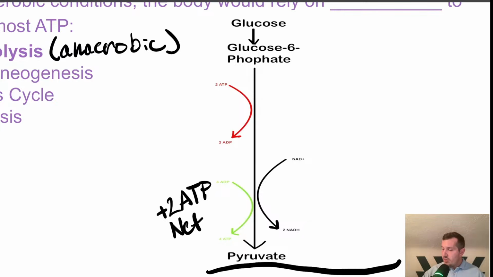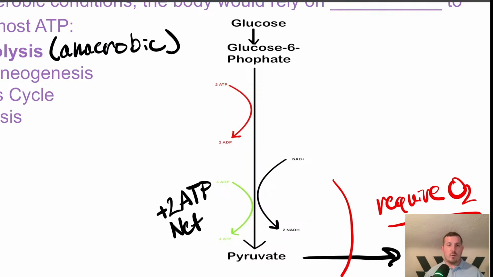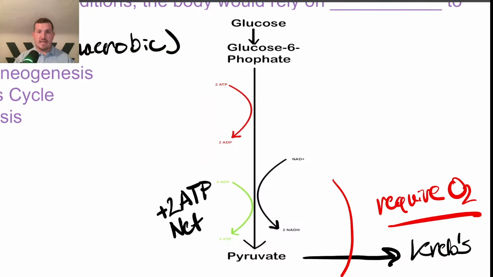If I want to go on to the Krebs cycle, the Krebs cycle would have to require oxygen, okay? So this would have to require oxygen in order for me to go to the Krebs cycle here.